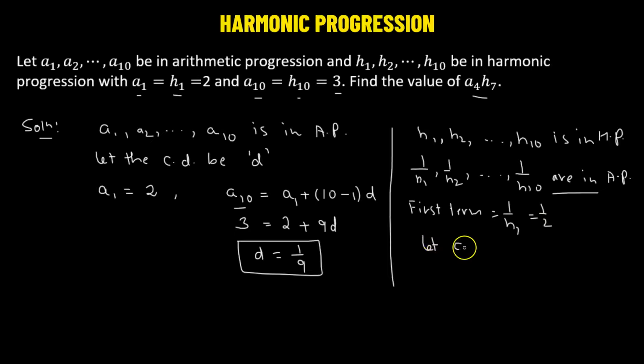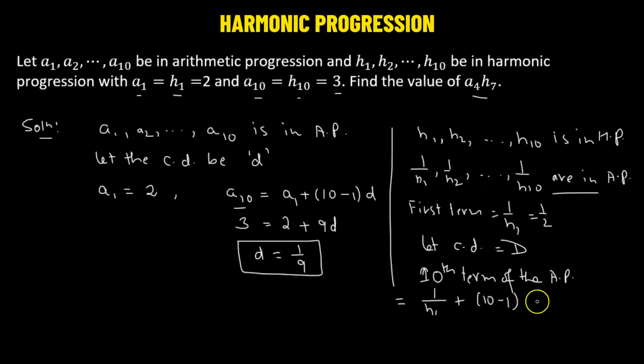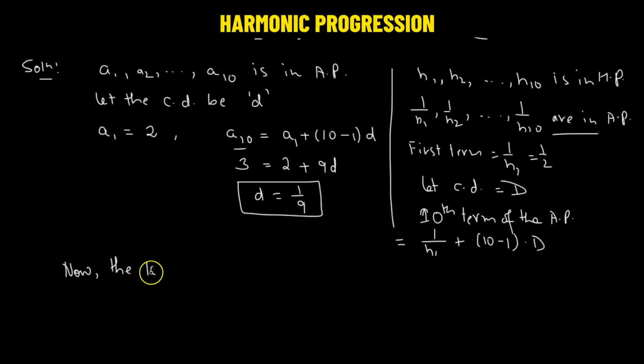So let us suppose that the common difference is denoted by the letter D in uppercase. Now we have the 10th term of the arithmetic progression. So let's find out the 10th term. That's simply 1 over H1, the first term, plus 10 minus 1 times the common difference D. The 10th term of the harmonic progression is 3.